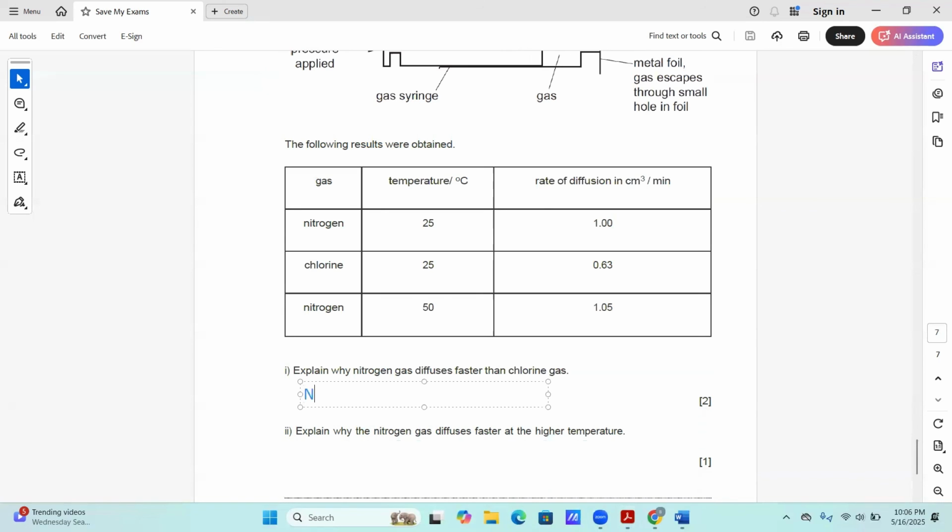Answer. Nitrogen has a lower relative molecular mass than chlorine.